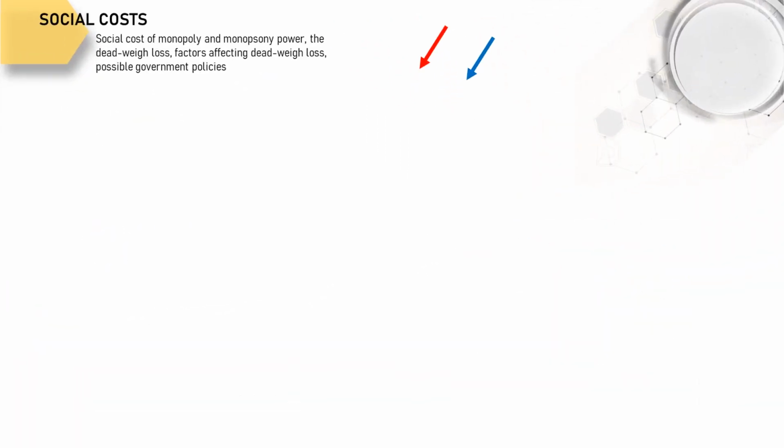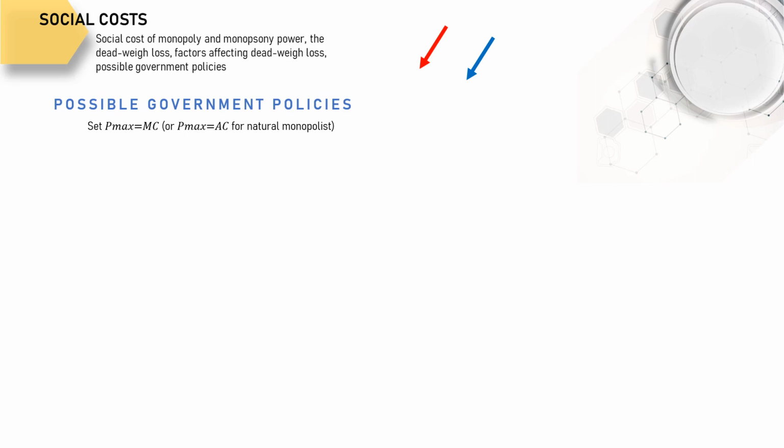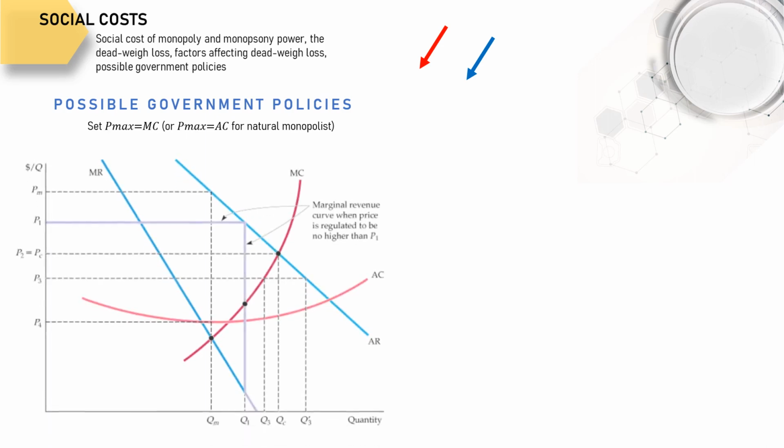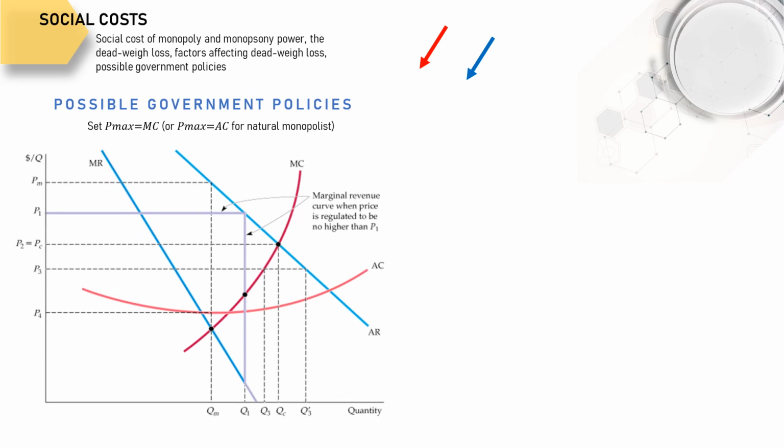In the monopoly case, other than things like an antitrust law that prohibits monopoly, government may adopt this ceiling price policy. In the monopoly case like in this diagram, for sure the price should be set lower than the monopolist price level PM. But once the maximum price is set, it certainly affects the demand and marginal revenue of the monopolist.